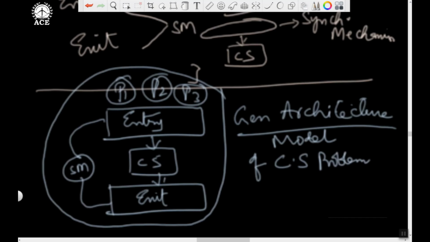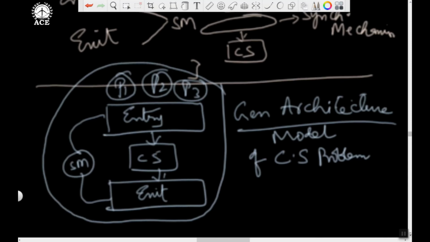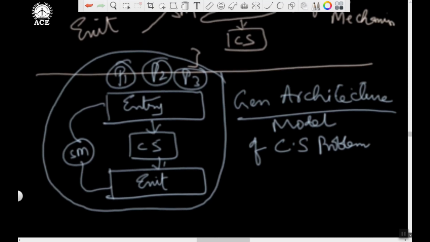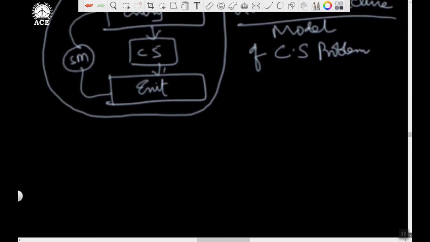How are we going to ensure solving the problem of critical section? That will be done by means of a synchronization mechanism, which should satisfy three requirements. Whenever you are implementing the synchronization mechanism for a given critical section problem, it should satisfy certain requirements. What are those requirements to be fulfilled?